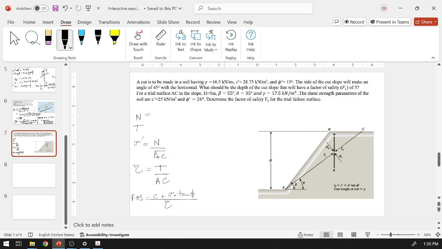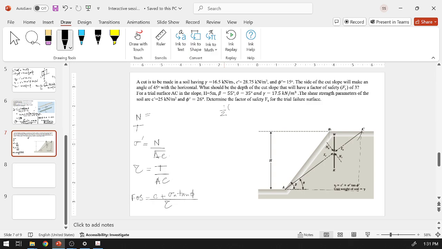The weight of this wedge is the volume. How much will the volume be? This is h, half of base into h. But how much will the base be?